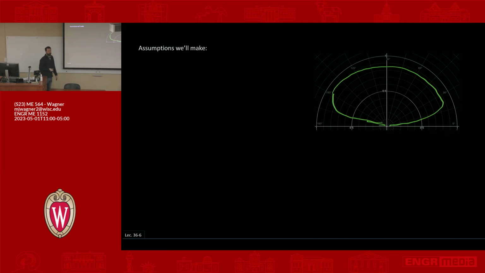But actually, for most cases, we'll just assume that it's what's called a diffuse surface. You'd take some value like this that effectively represents the directional average, and we'd use that instead. So this would be our diffuse approximation.